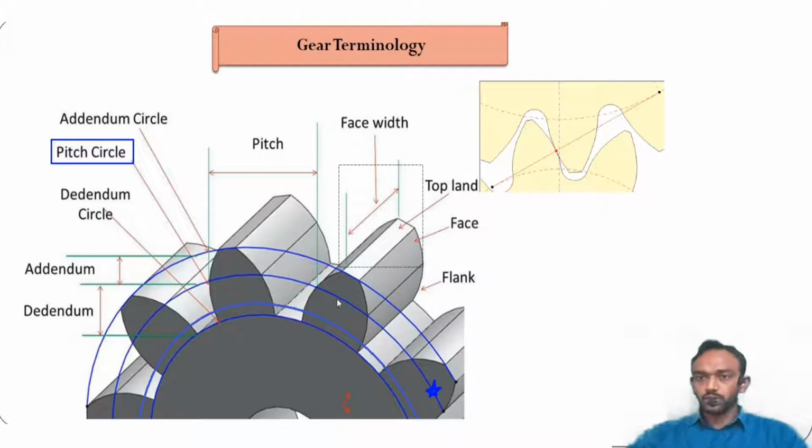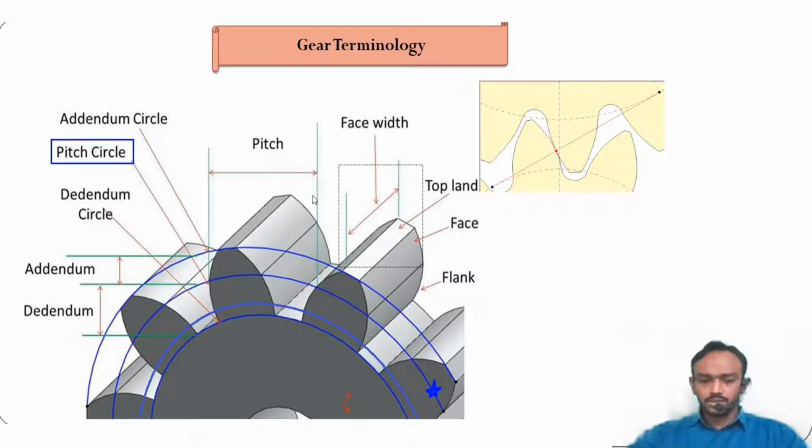If you want to consider gear rolling, then you will consider this pitch circle. It is very important, and all dimensions are measured with respect to this pitch circle, and some other dimensions we will also measure on this pitch circle.